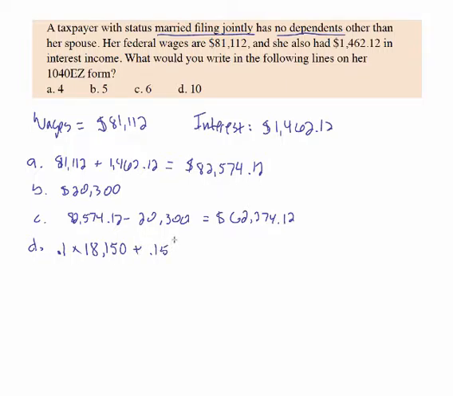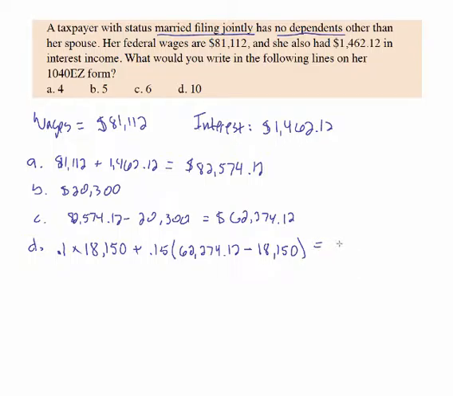They will then pay 15% of the income over $18,150 as long as it's less than $73,800, which this taxable income is. So the amount that will be taxed at the 15% rate is the taxable income $62,274.12 minus the boundary of the earlier bracket, which was $18,150.